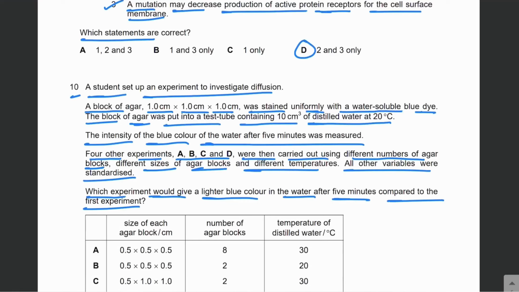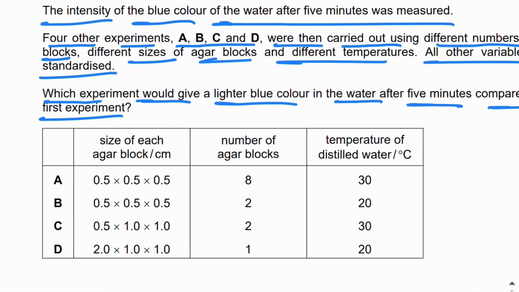So you should know that for a lighter blue color, less dye should come out of the block into the water, right? As compared to the first experiment in which the block was 1 and it was 1 centimeter by 1 centimeter by 1 centimeter. So guys, we need to take a block which is smallest of all.